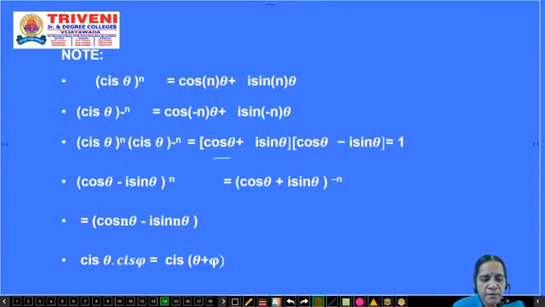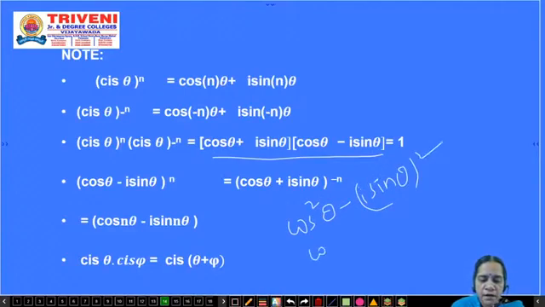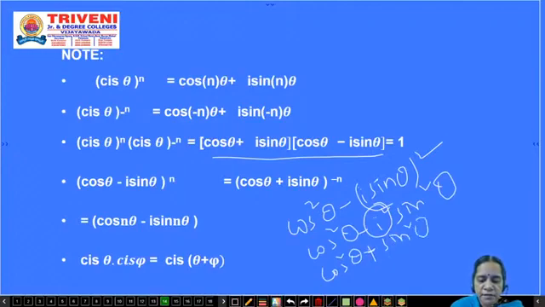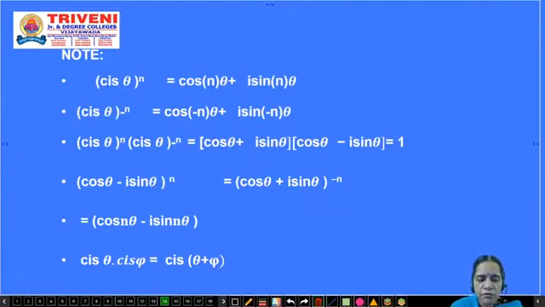How does it become 1? Using (a plus b) into (a minus b) equals a square minus b square, that is cos square theta minus i square sin square theta. The value of i square is minus 1, so cos square theta plus sin square theta, which is equal to 1.